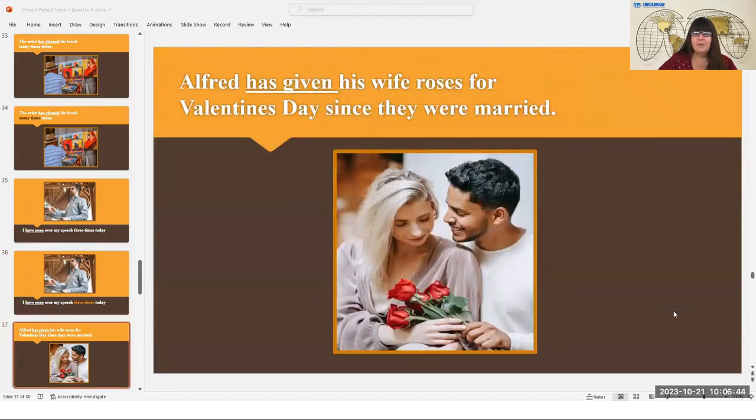Alfred has given his wife roses for Valentine's Day since they were married. So this started in the past. The first Valentine's Day after they were married, he gave his wife roses. And then every year on Valentine's Day, he continues to give her roses.